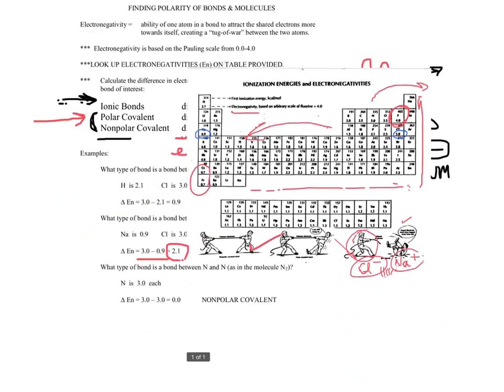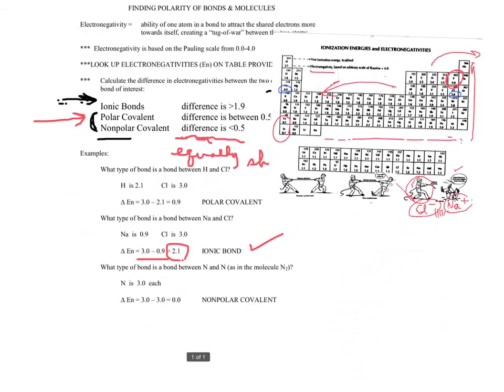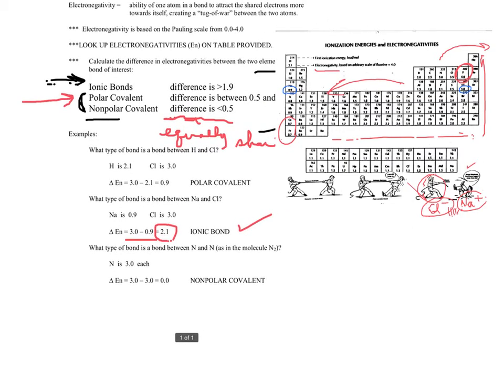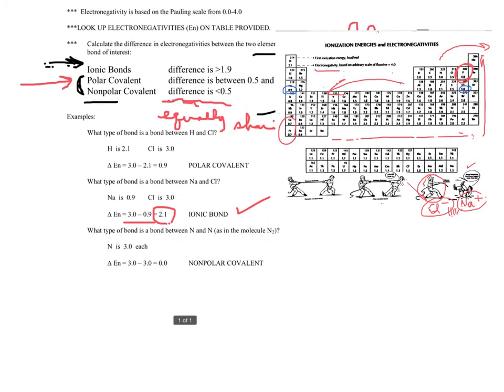And so we typically would just call those ionic bonds. So you don't really have to have the numbers in front of you, because just physically on the periodic table, if you pick elements that are far enough apart, they're going to come out to a difference of greater than 2. So probably not that big of a deal having to know the numbers, okay?